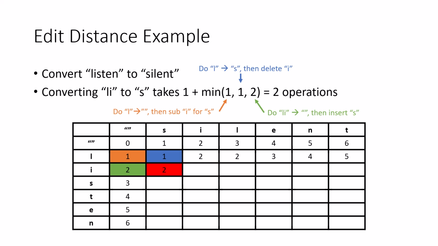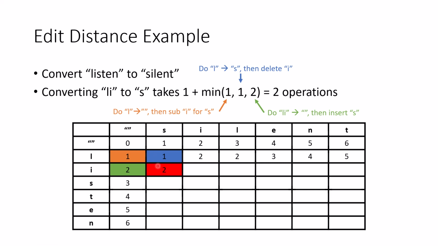I'll do a couple more examples, because this is probably getting very tedious for you guys. Let's suppose we want to go from Li to just S. We have the option of substituting: first going from the first A minus 1 characters, so L, to the first B minus 1 characters of S. So that's going to go from L to nothing. And then we substitute the last character I for the last character S. That's going to be 1 operation.